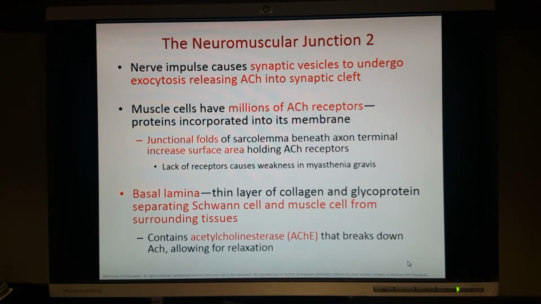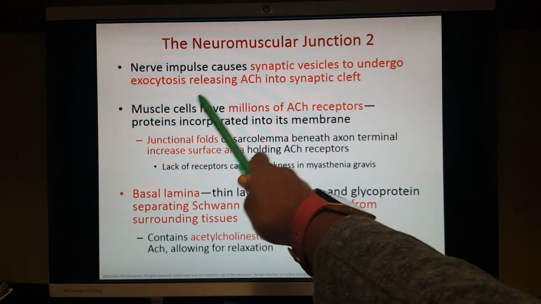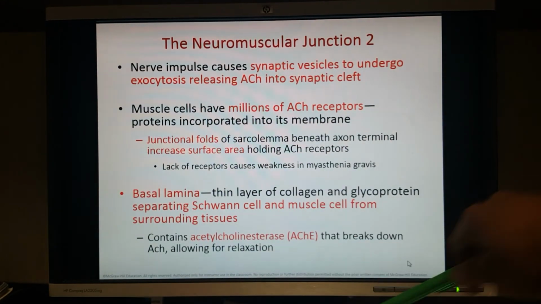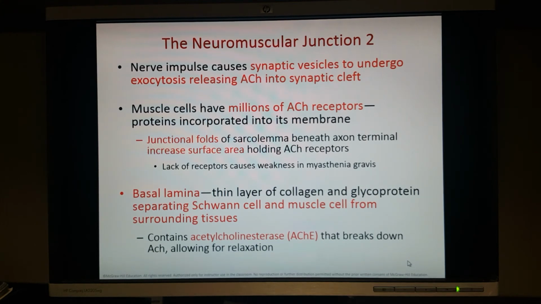When the nerve or neuron receives the signal to tell the muscle to contract, the synaptic vesicles will go through exocytosis, so the vesicle merging with the plasma membrane to release the acetylcholine into that synaptic cleft, so that gap between your neuron and the sarcolemma of your muscle cell.